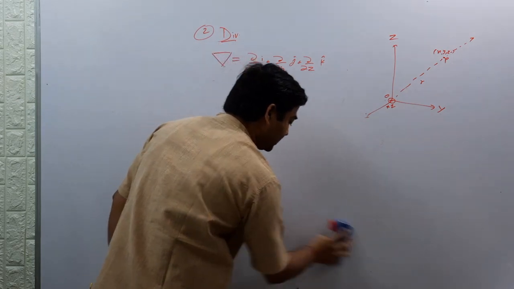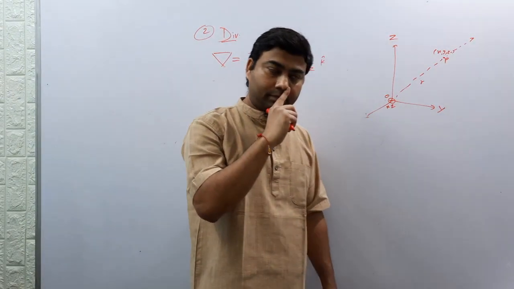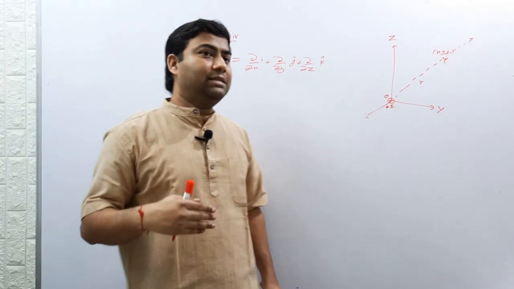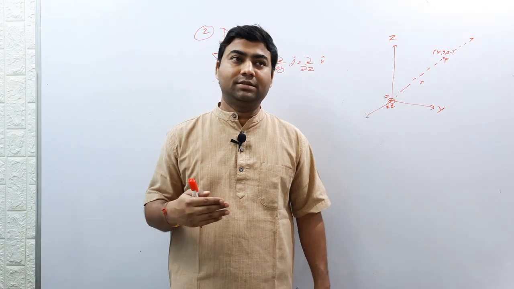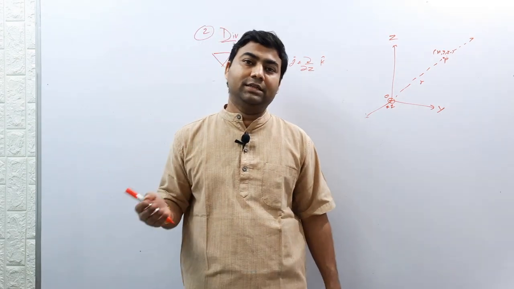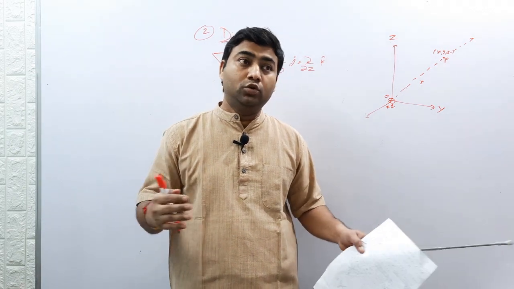Now we will discuss the physical interpretation of divergence. As the name suggests, it's a property of a vector function to diverge, to expand.